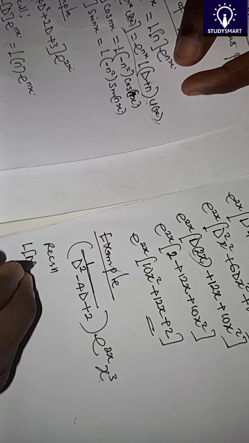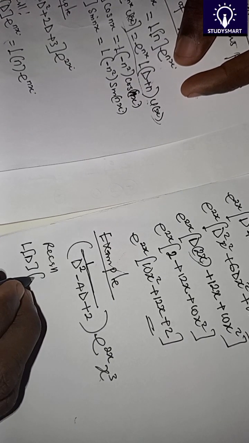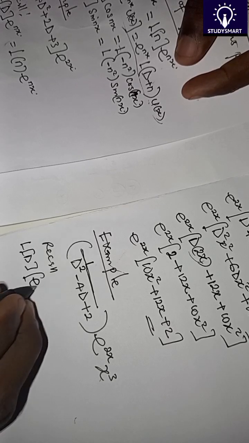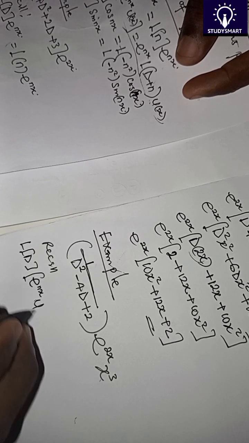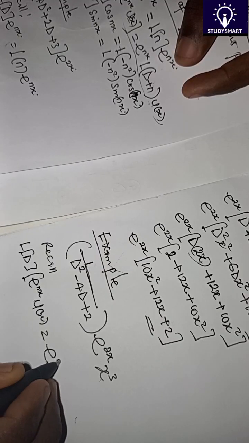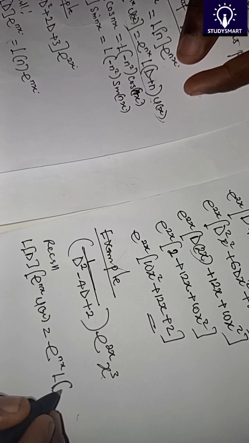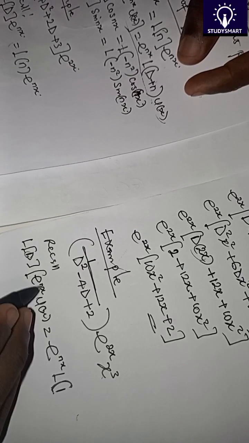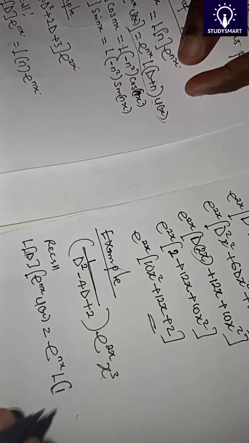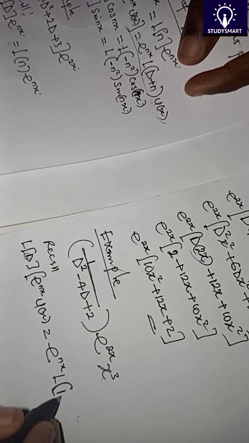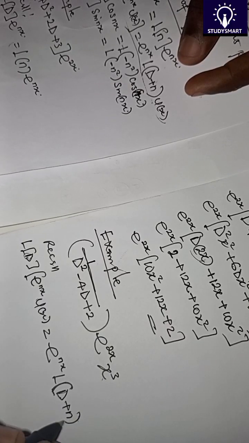Recall the property that when you have a function exponential to power nx and then you have u of x, it implies that exponential to power nx, you are going to add to this D the coefficient of x at this point here. So I'm going to have D plus n, then I have my u of x outside.